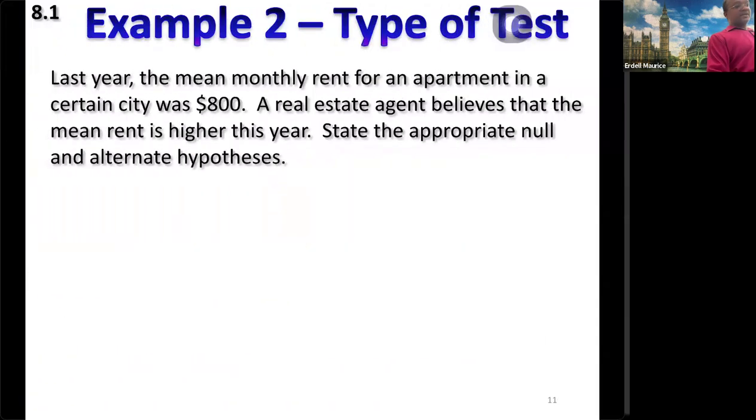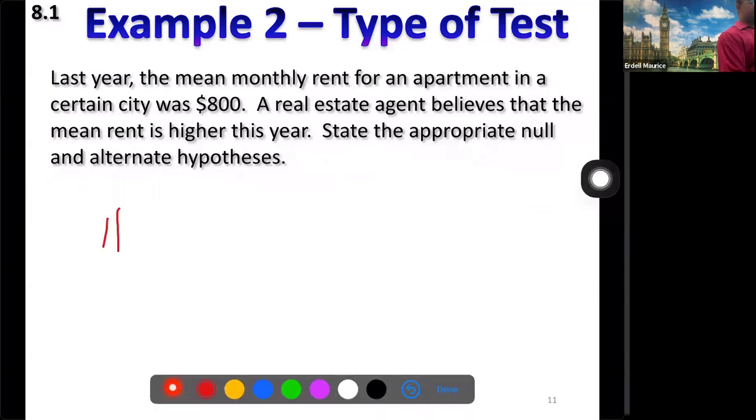All right. Last year, the mean monthly rent for an apartment in a certain city, not Tallahassee, was $800. A real estate agent believes that the mean rent is higher this year. State the appropriate null and alternative hypothesis. Anybody wants to help me with the null hypothesis? H0 mu is equal to $800.